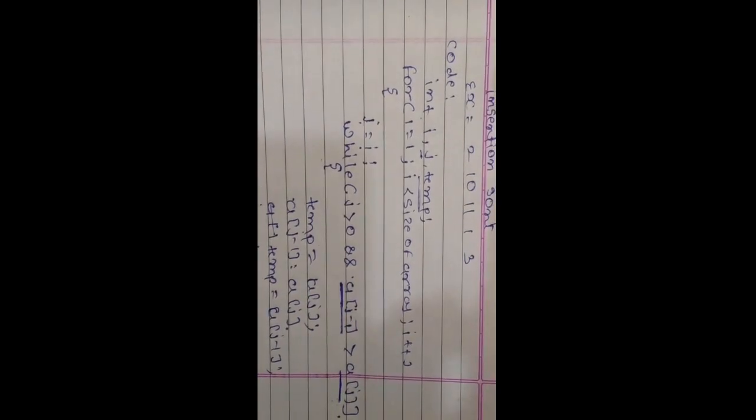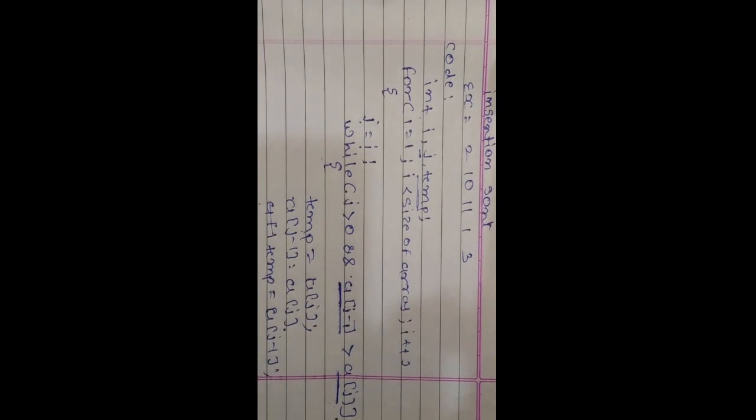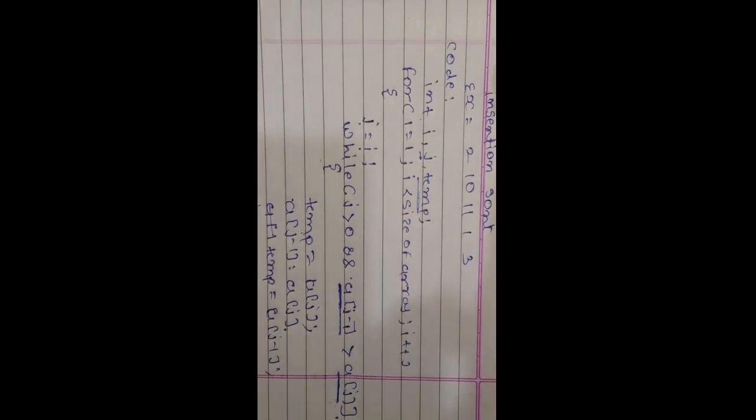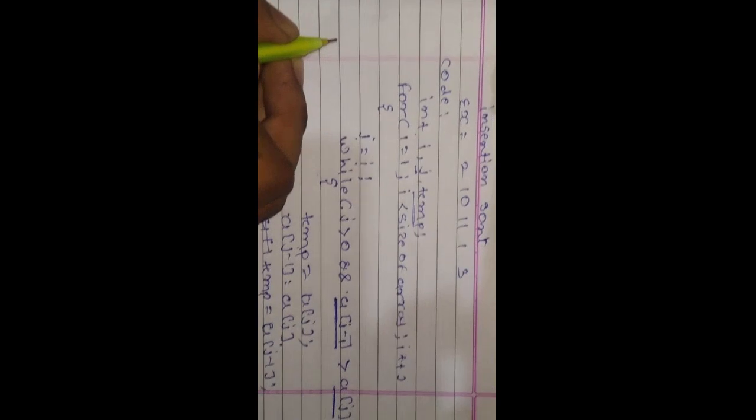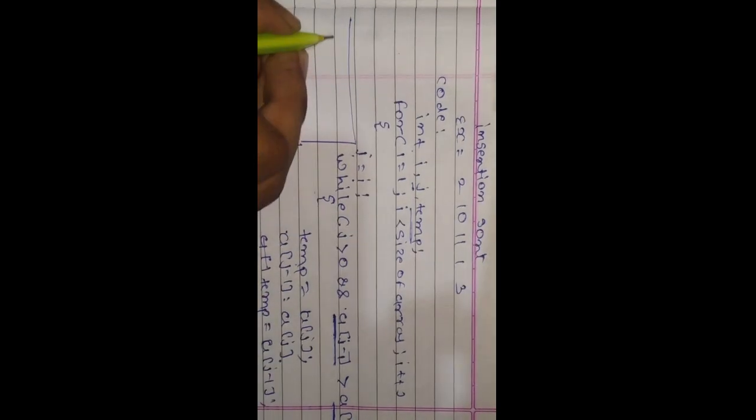Okay, so for understanding the code I write it here. Now for tracing the code, take the same example: 2, 10, 11, 1, 3.